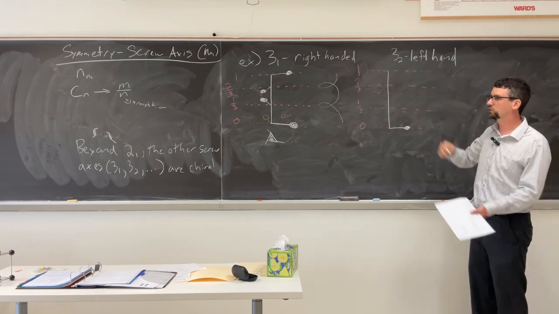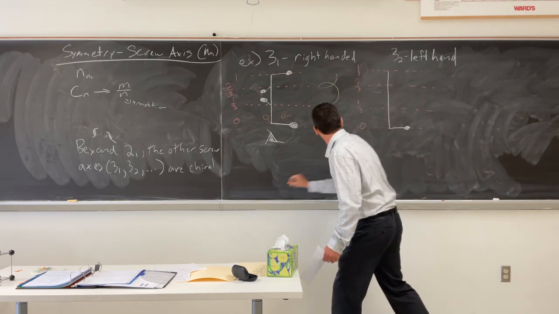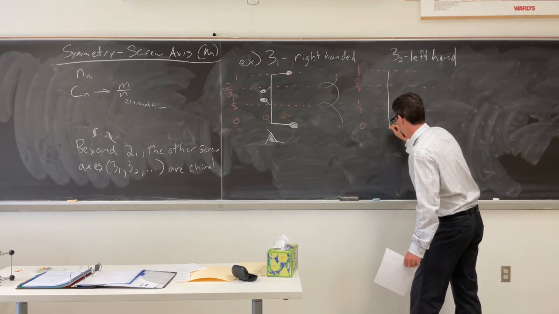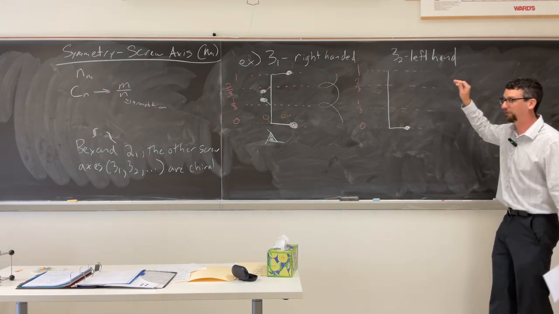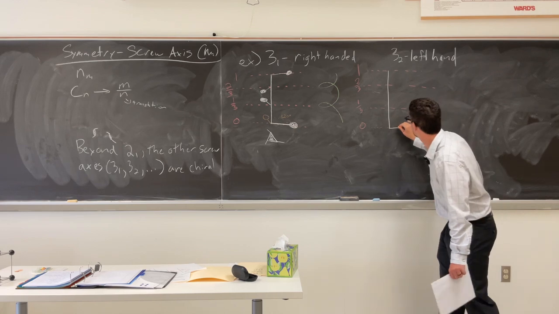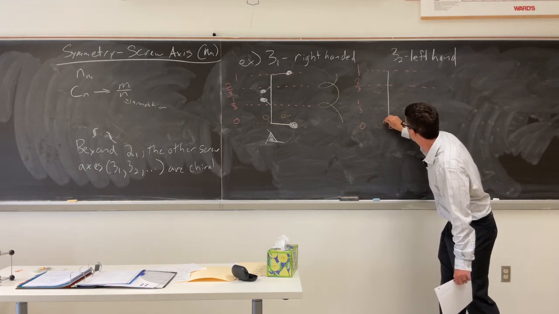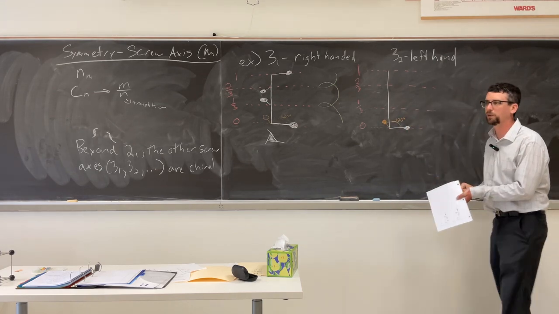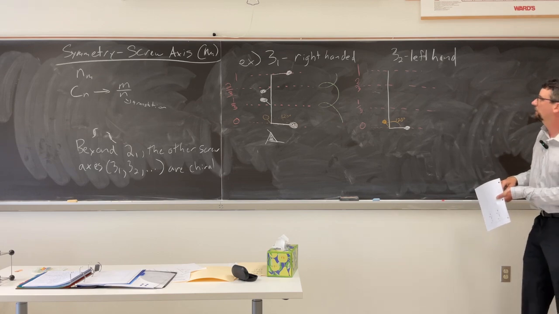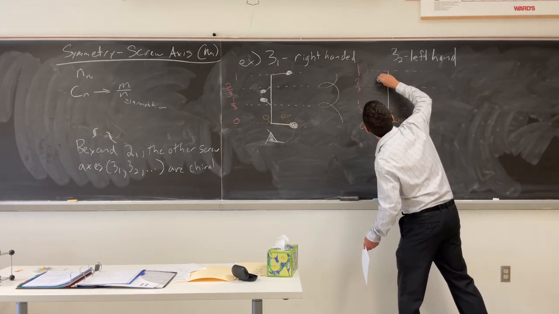Rotate by 120, right? So we're still doing it in the same direction. We will get there. But we got to do the symmetry operations in order of what they state. So we're going to be in the plane of the board. We're going to rotate 120 degrees. And where are we going to go? The 2/3. Okay. So we're in the back.